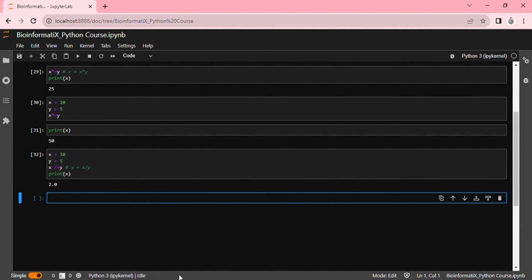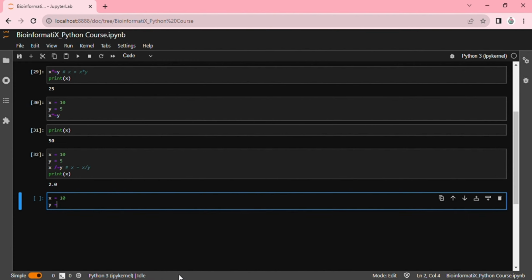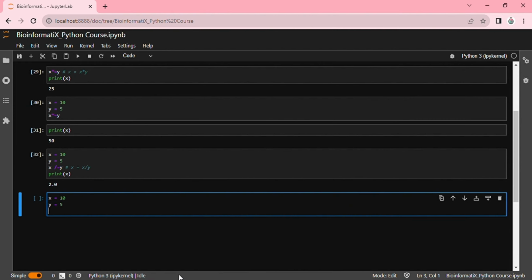Now let's go for the floor divide. In Python, floor divide is 2 slashes. So when x equal 10, y equal 5, then x, 2 slashes, and then equal y. This means x equal x over y, but what is the difference between 1 slash and double slash?